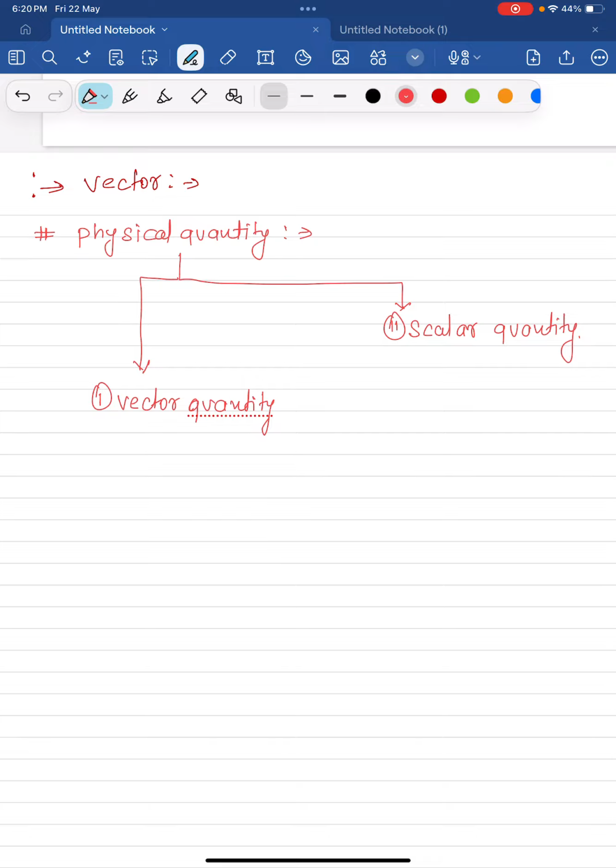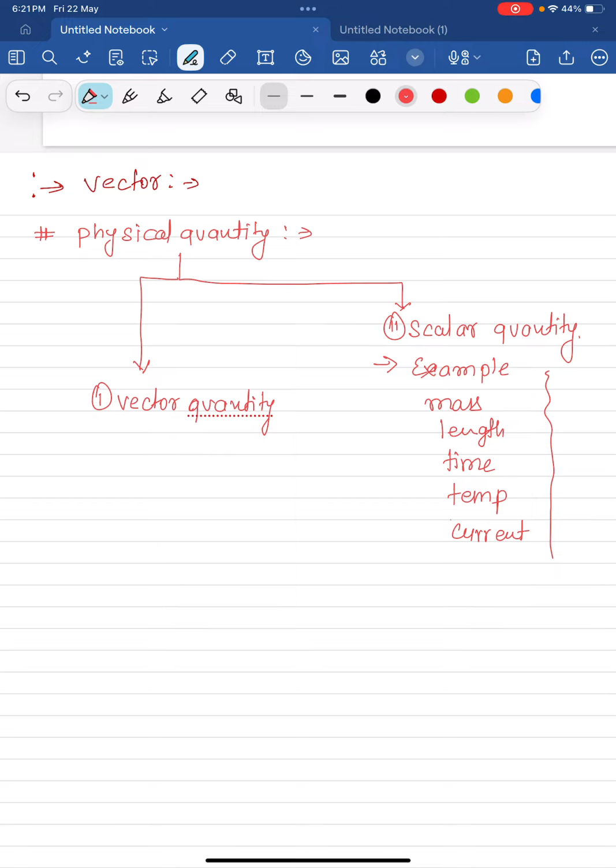Any physical quantity which has only magnitude is known as a scalar quantity. Examples are mass, length, time, temperature, current, and many more. A quantity which has only magnitude.